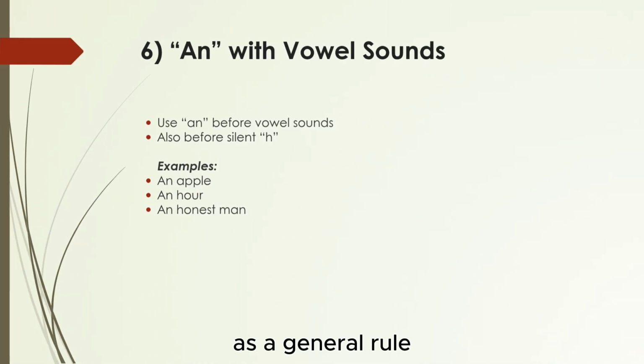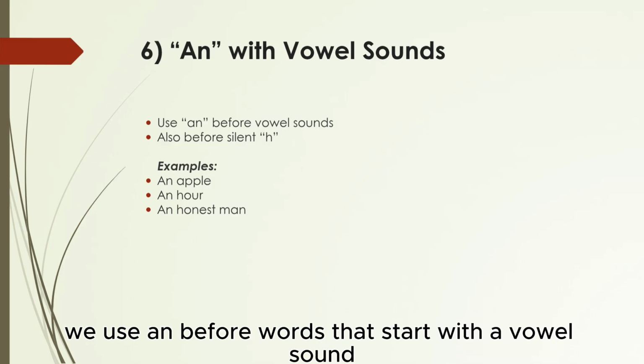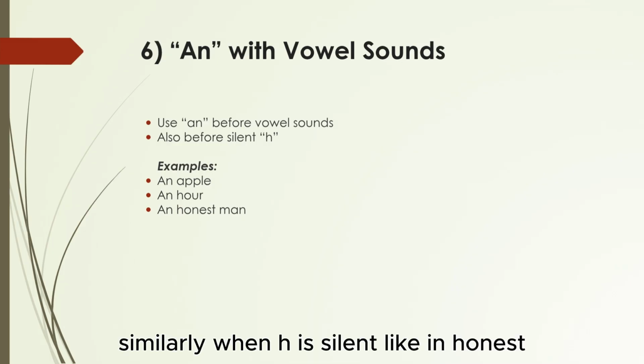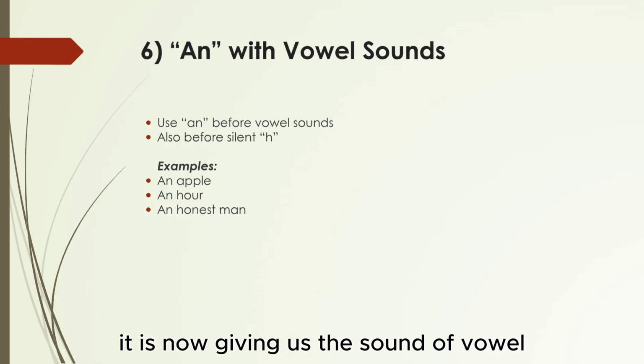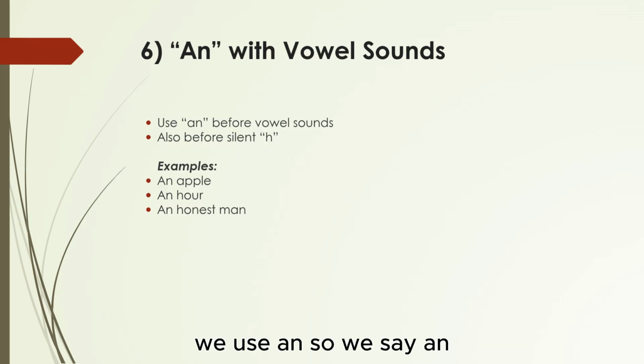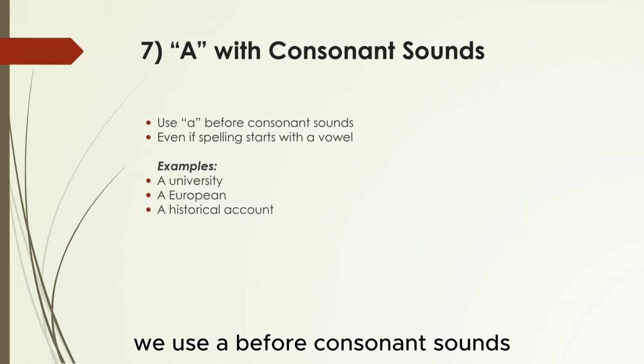As a general rule, we use an before words that start with a vowel sound. Similarly, when h is silent, like in honest, it is not giving us the sound of a vowel, so we use an. So we say an honest man. We use a before consonant sounds.